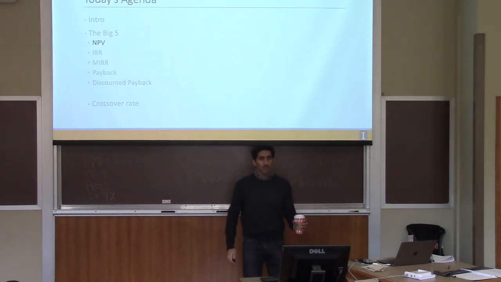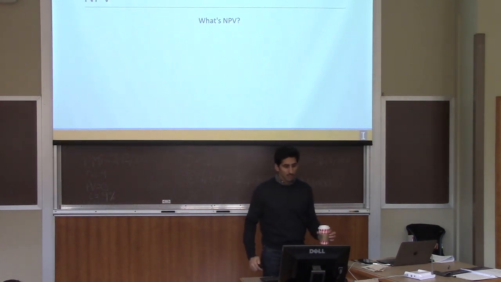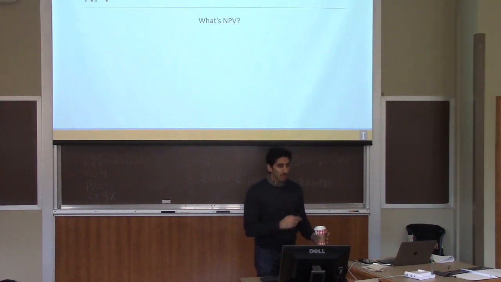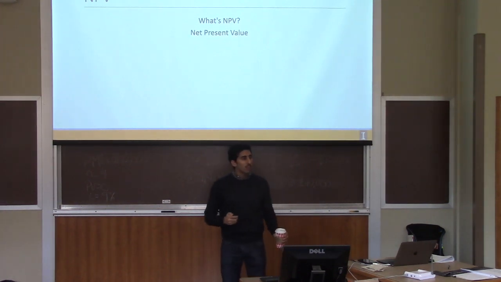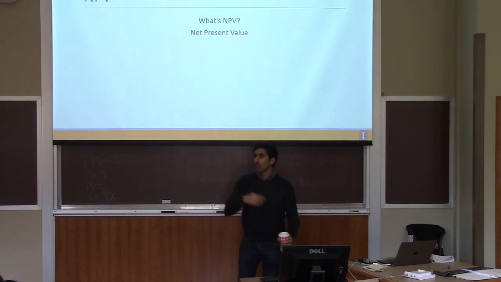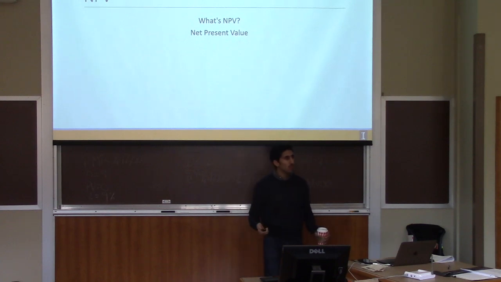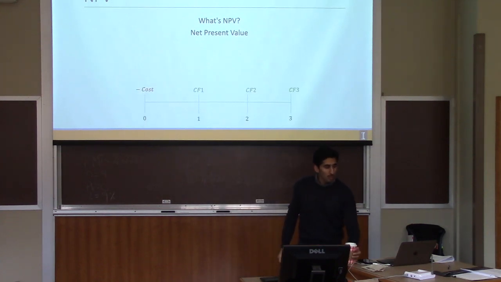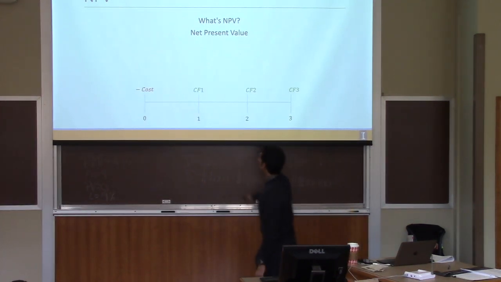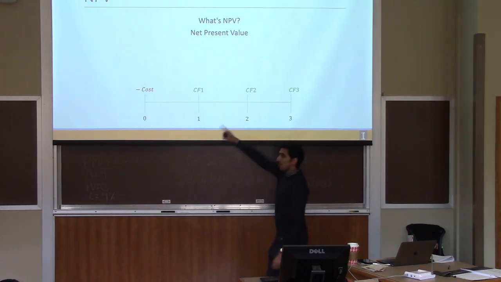So, let's start with the NPV. What is an NPV? It's the net present value. Everything we've been teaching recently was the present value. Now we have an extra letter in the beginning, which is net. And what is net? So imagine we have a project that gives us these cash flows and costs us this much.